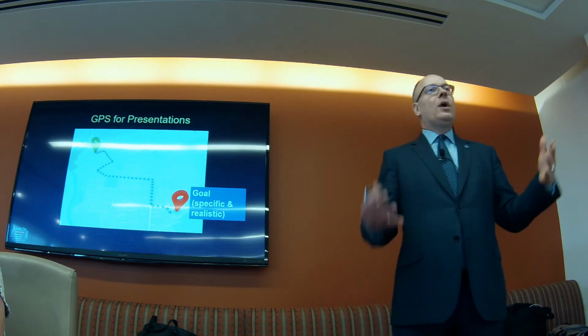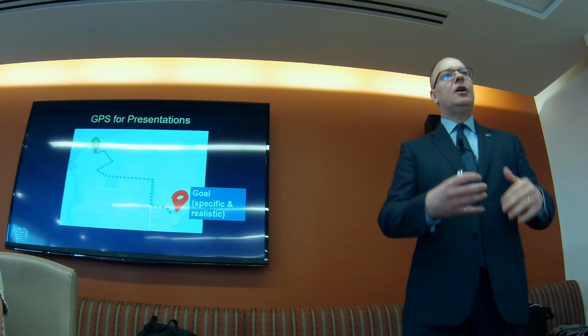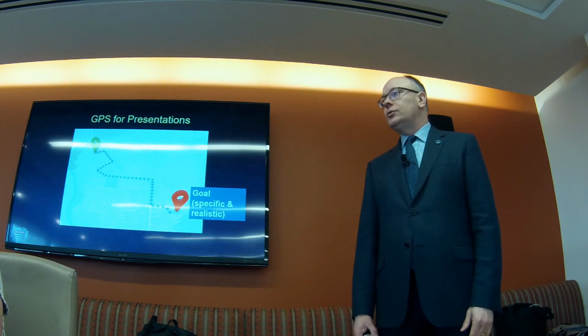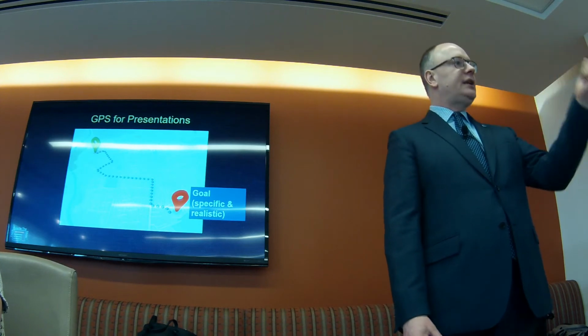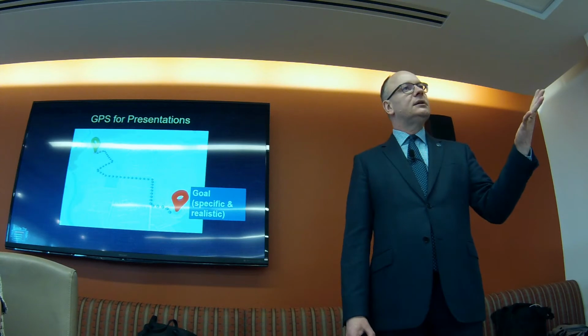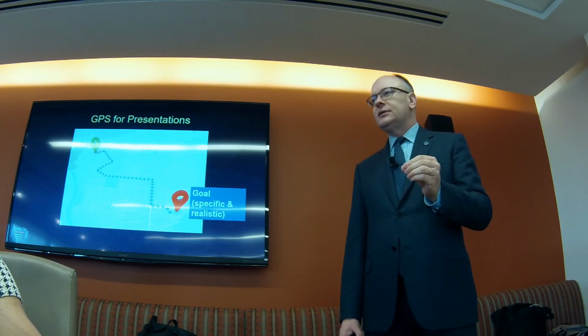Think about it: if I wanted to get to this office today, and I simply put into the GPS Arlington, Virginia, would I get here? No, it's not specific enough. A GPS needs street number, street name, city, state, zip code, if you've got it. In our presentations, we need to have that goal be specific.